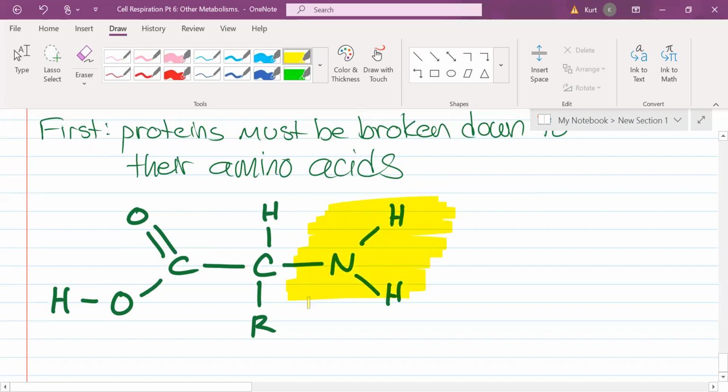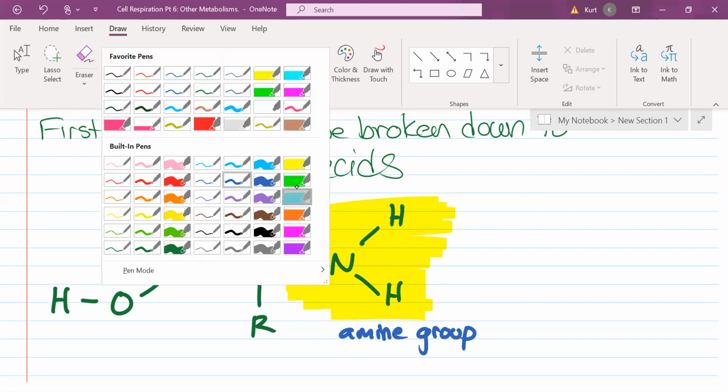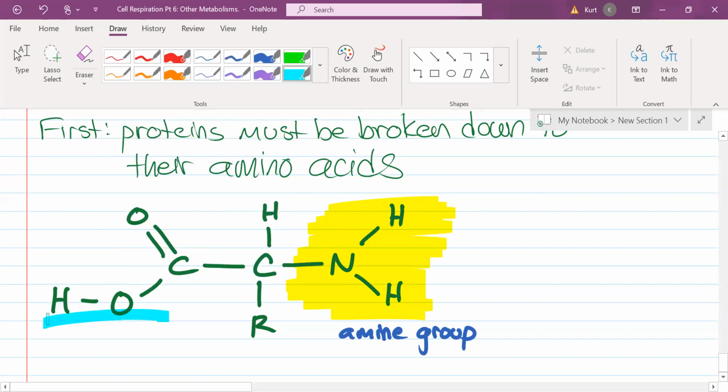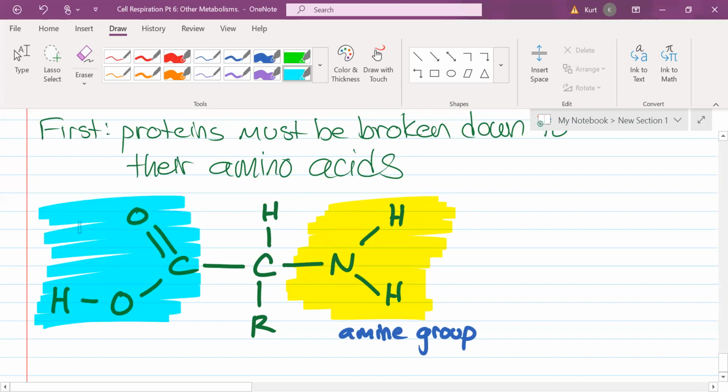What is this portion of an amino acid called? This is called the amine group. Remember that Unit 1 material is just going to get harder and harder to remember, so I like to take these opportunities. What is this part of an amino acid called? It has two different names. You're both right. Carboxylic acid or carboxyl.